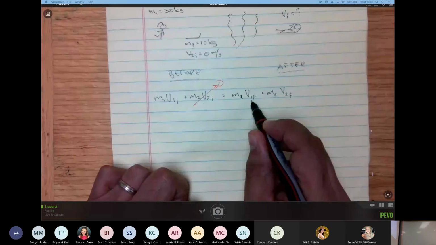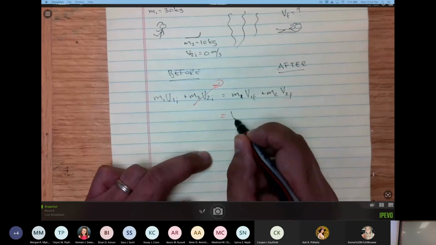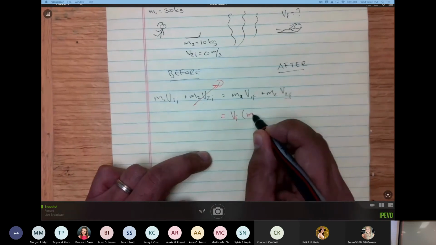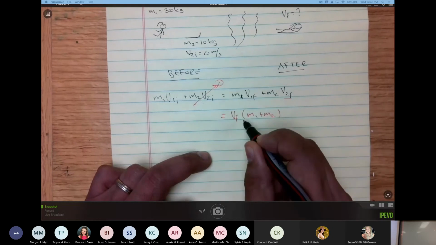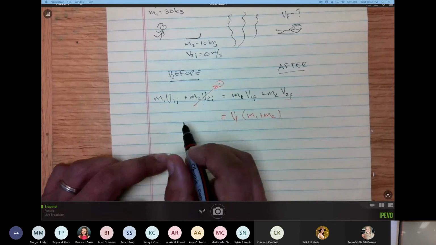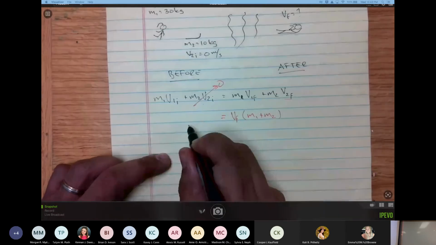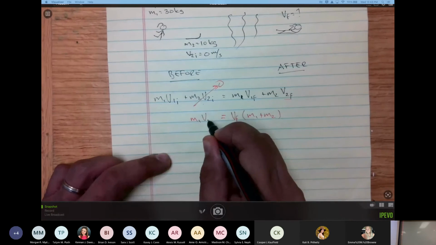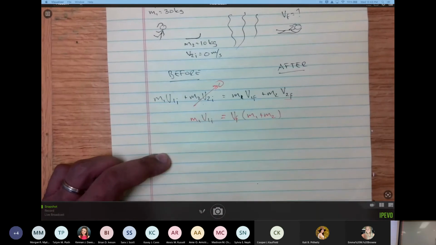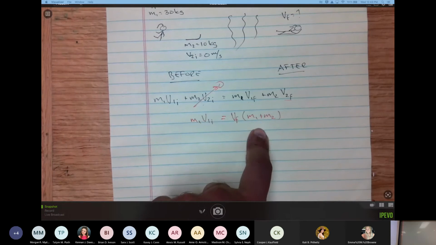So we can rewrite this part as the final velocity times the quantity m1 plus m2. And on the right side, because we don't have any momentum on the sled, it's just m1 times the initial velocity of 1. The momentum of the initial conditions has to be equal to the momentum at the end. And from here, I can solve for the final velocity.